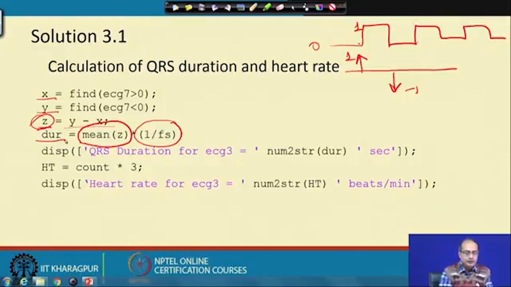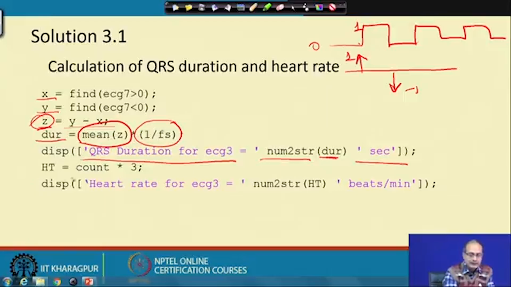Okay. So, here we now go for the display of the QRS duration of ECG 3, and for that we need to convert that number DUR from number to string. It is calculated in terms of seconds.